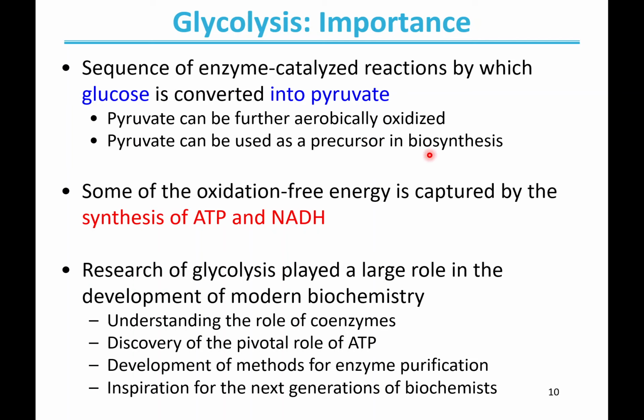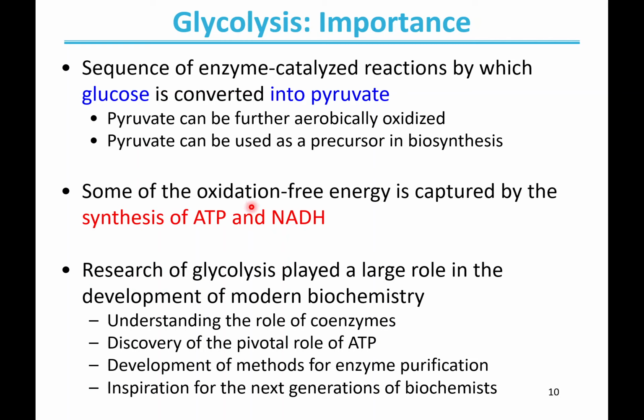As we'll see in chapter 16, when pyruvate is broken down further in the citric acid cycle, it generates a whole lot of ATP. So it has the potential to make a lot of cellular energy. So you need to make pyruvate, and one of the ways to do that is by converting glucose into pyruvate. That's one reason why glycolysis is so important.